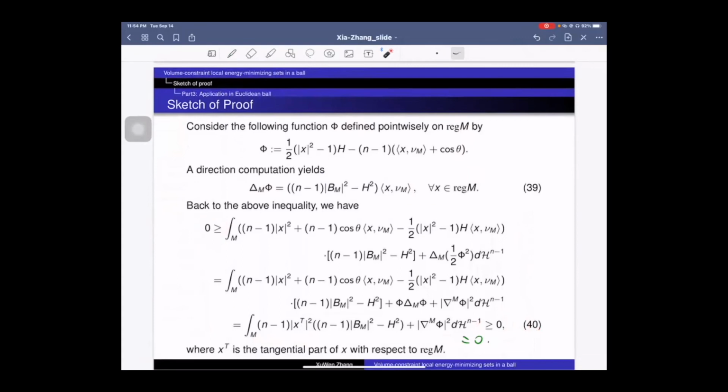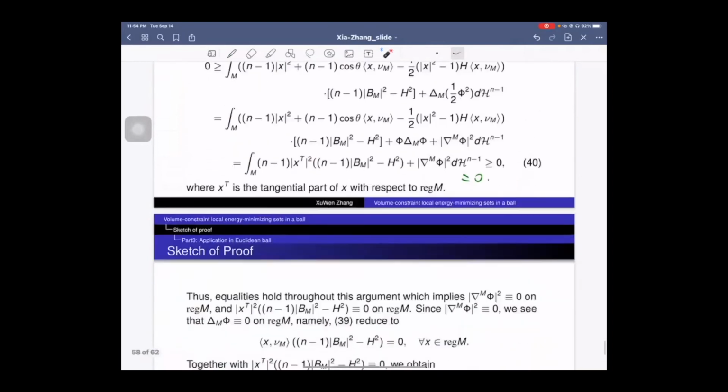And here, by Cauchy's inequality, this is non-negative. And so this integral being 0 means that this term and this term must both be 0.